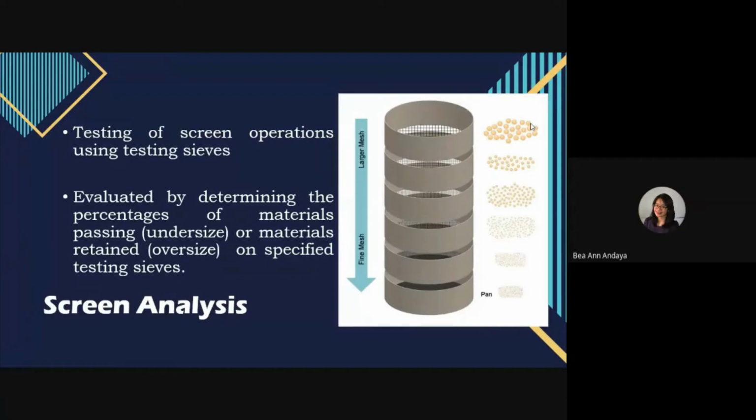So, ang gist ng screening analysis is maglalagay tayo ng specific amount of material dito sa ibabaw ng ating series of testing sieves, and then after some time ng ating pag-shake dito sa system na to, makukuha natin yung amount ng materials na may iwan sa bawat screen. So mamaya I'll be discussing that even more in details para mas maintindihan natin itong screening analysis.